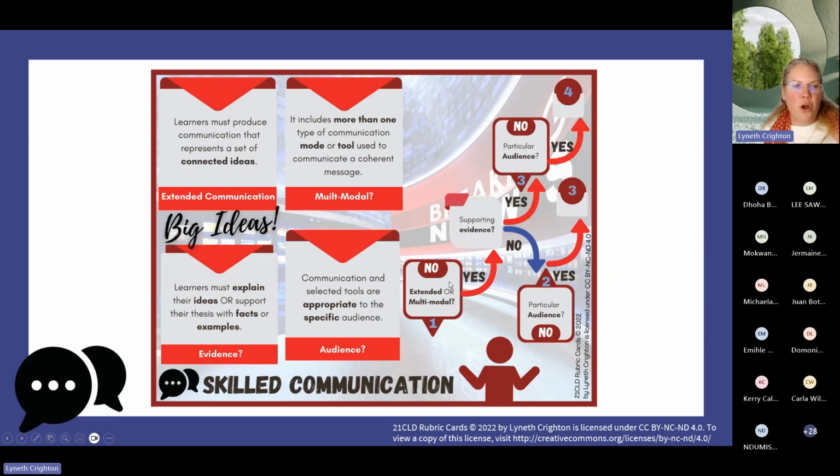But if there is no supporting facts or examples that explain their idea, then you still ask, is it for a particular audience? It carries on to level 3 when you say yes. So there are 2 ways to get to level 3, but only one way to get to level 4.